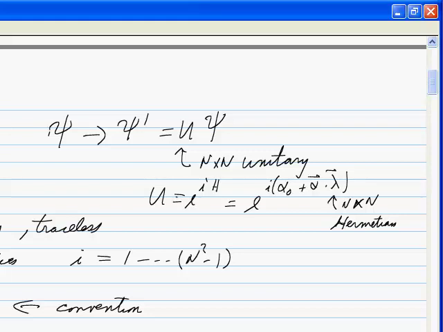So if you take lambda i, lambda j commutator, and take the Hermitian conjugate of that, the first term is lambda j dagger lambda i dagger, because you reverse the order when you take it, minus lambda i dagger lambda j dagger, and those are Hermitian, so it's anti-Hermitian.